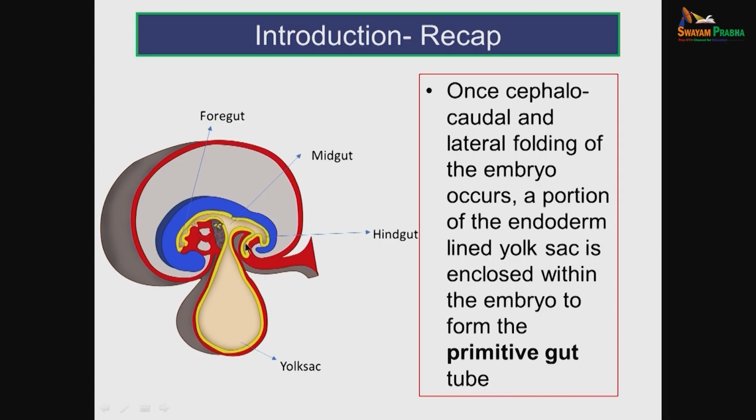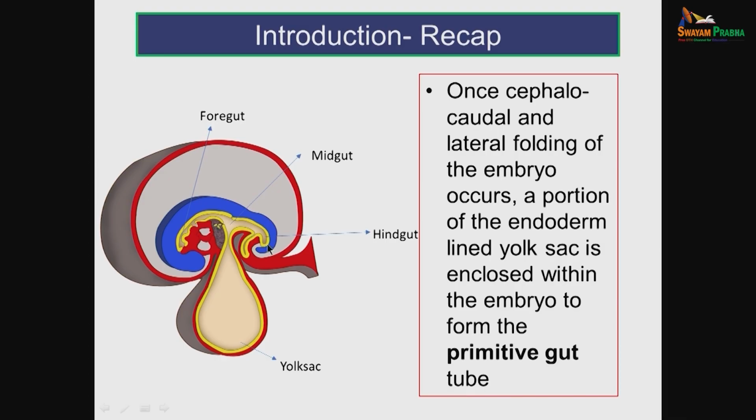There is a diverticulum coming from the ventral aspect of the hindgut. This diverticulum is called the allantois or allantoic diverticulum. I will refer to this once we start studying in detail the development of the urinary bladder.